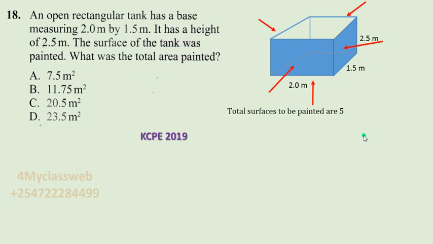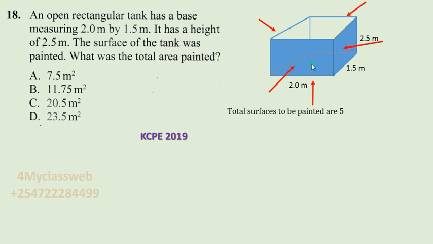Now, something else which is very important, this surface here is equal to that surface. So the moment you work out the surface area of this part here, which is rectangular in shape, it has to be multiplied by 2 because it is equivalent to the other side opposite. The same case should apply to this one here. It should also be multiplied by 2 because it is equivalent to the one which is opposite.